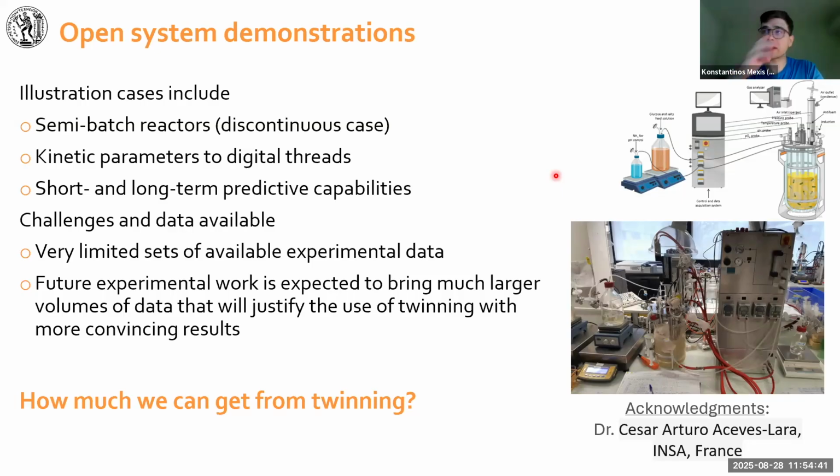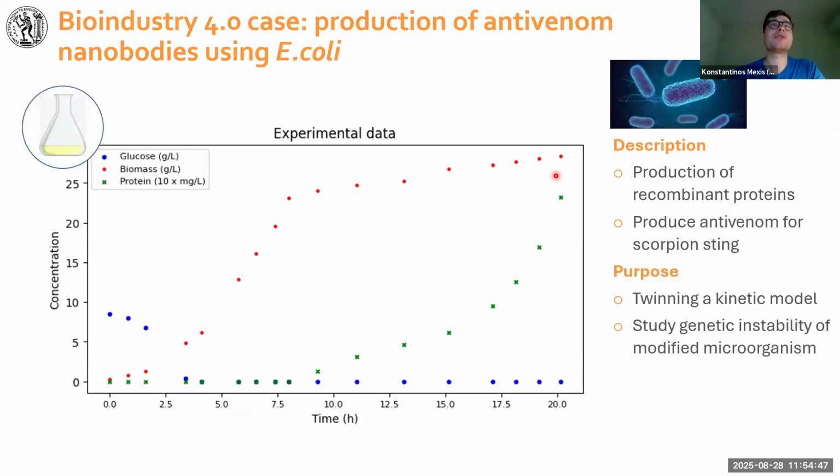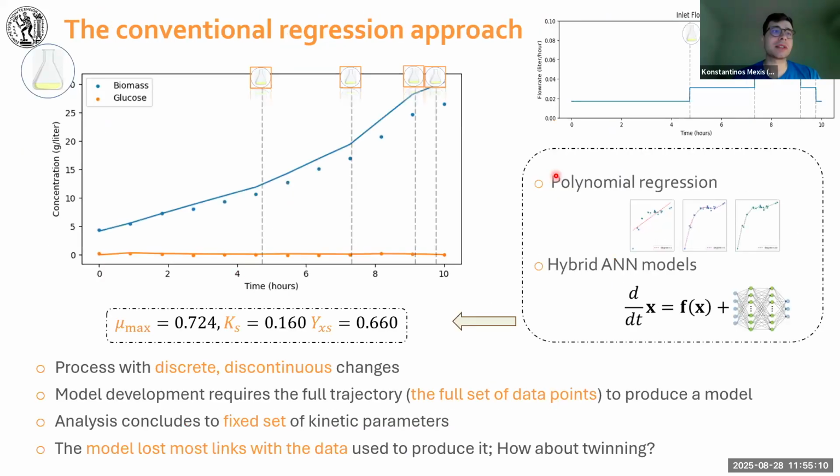And of course, how this kind of technology faces the challenges of limited data sets. The illustration case is the well-known experimental data set provided by INSA Toulouse. This process involves the production of recombinant proteins, specifically antivenoms for scorpion stings, and our purpose here is to apply twinning to a kinetic model in order to investigate the genetic instability of the modified microorganism.